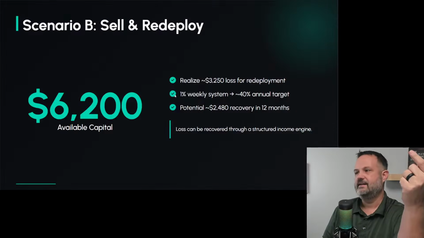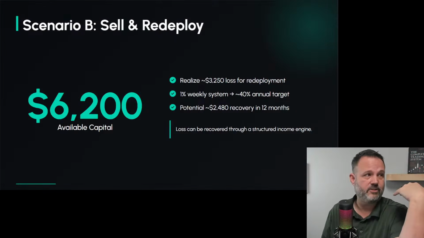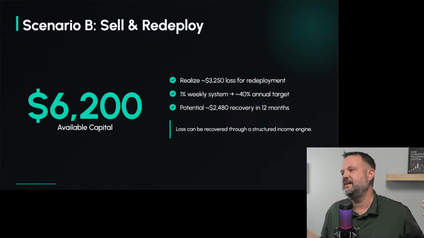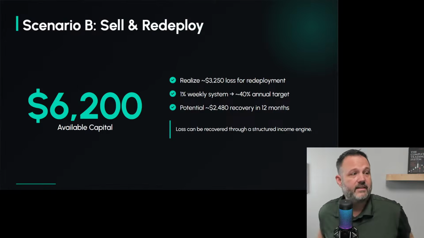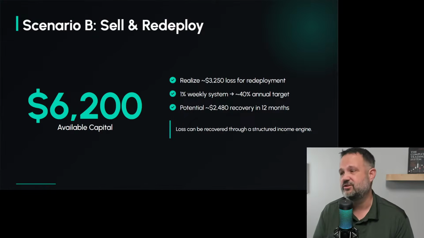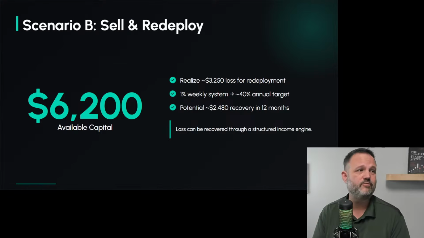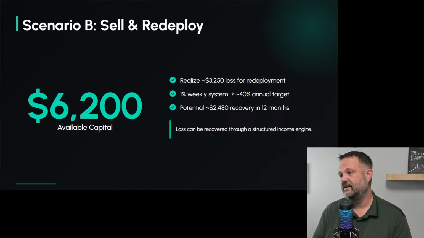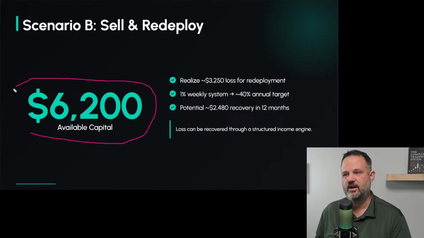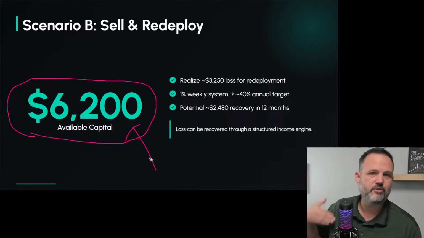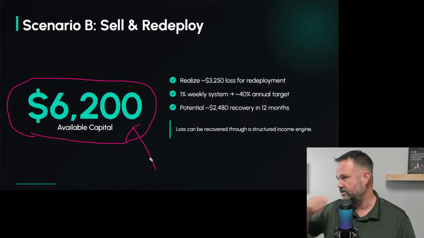Now, what else does it mean if we took the loss? It could mean a lack of stress. Oh man, I was just stressing out because I was afraid this thing was going to drop. Now my stress is gone, and that's okay too. But then the other thing is it's now $62 a share. That frees up $6,200 of capital that we can use somewhere else.